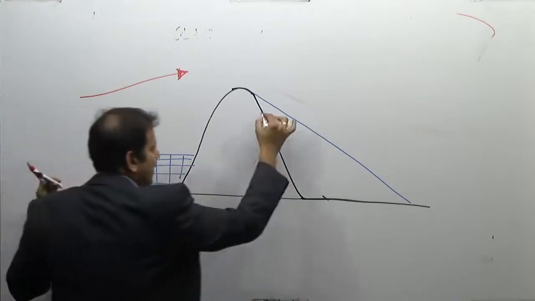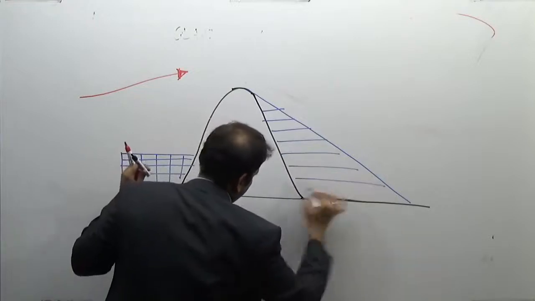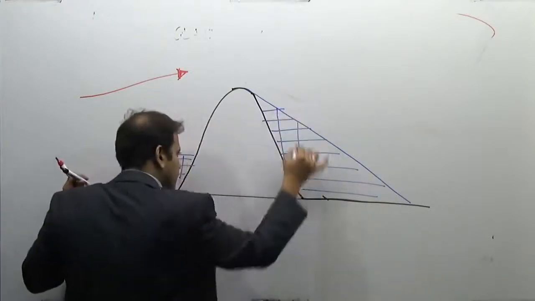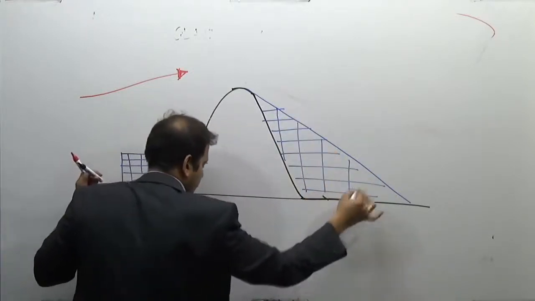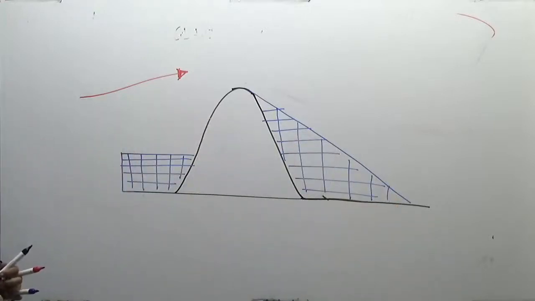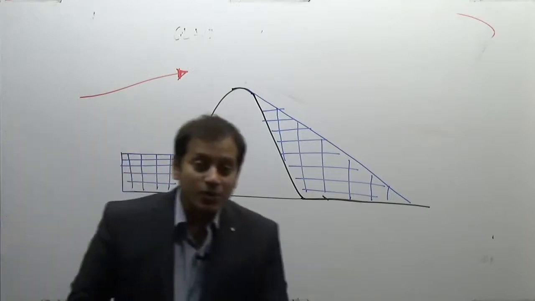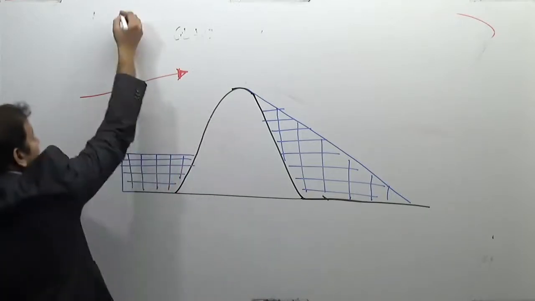The sediments are deposited here. Such a topography is known as crag and tail topography.